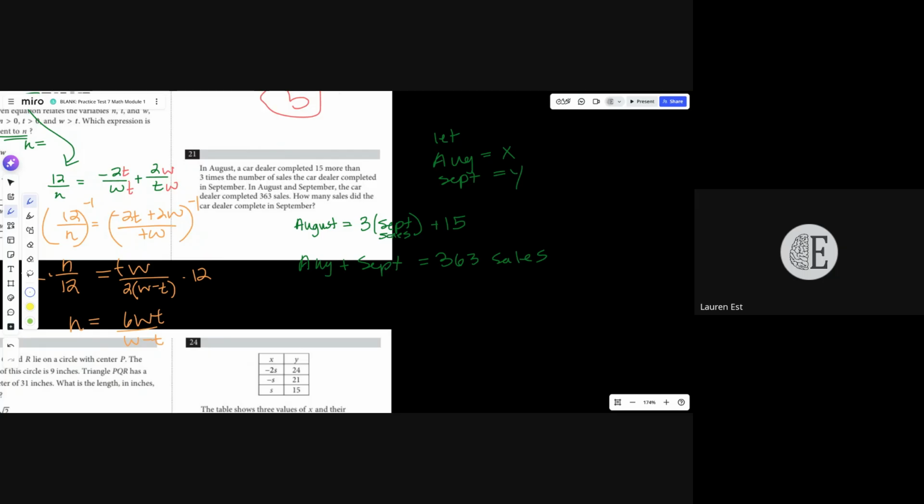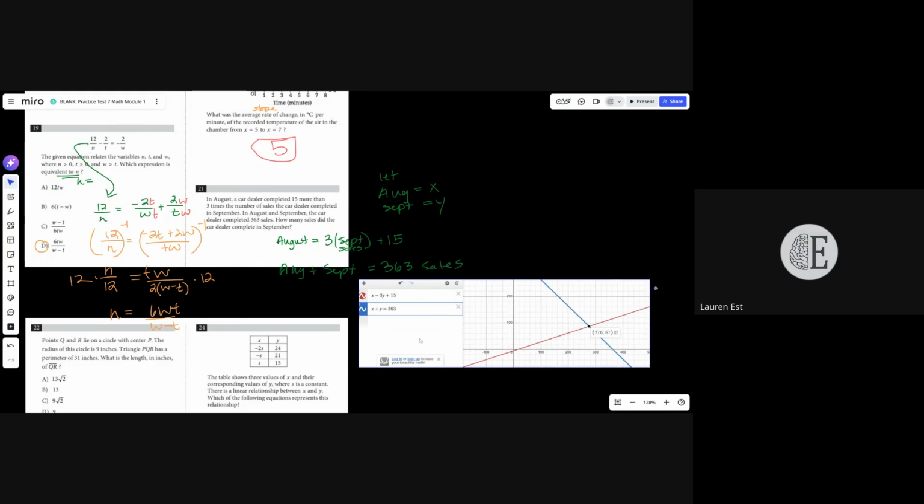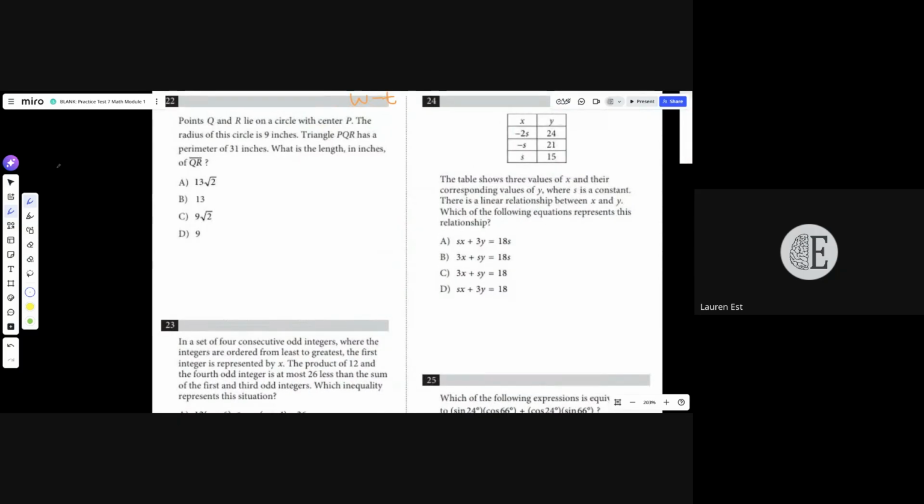You got to scroll out kind of far on this one. Sure. So this is where it shows up when you graph. And it asks how many sales did the car dealer complete in September. Based on the way that I did this, I said it was equal to Y. If this is my X and this is my Y, this is my August and this is my September. 87 sounds as good a number as any. I might come back and check that one because I did that a little fast.